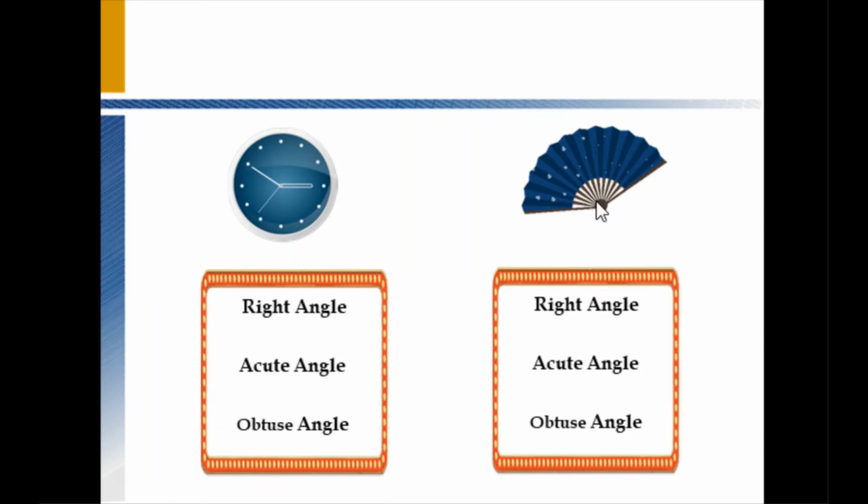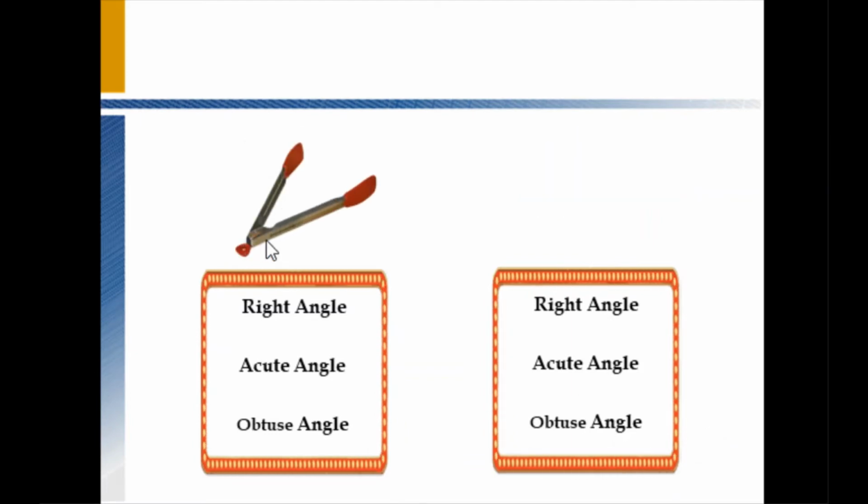What angle is this fan forming? Alright, you did a great job. It's an obtuse angle. As you can see, it is approximately measured as an angle greater than 90 degrees but less than 180 degrees.